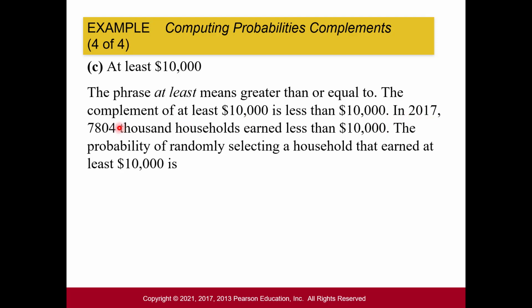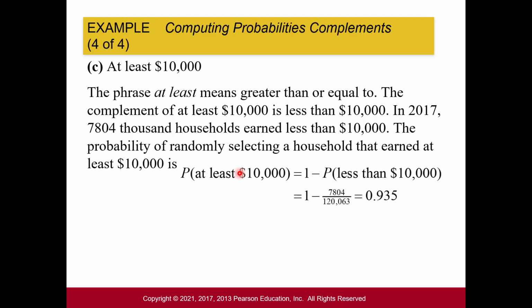So in 2017, 7,804 times 1,000 households earned less than 10,000. Using the complement rule, the probability of randomly selecting a household that earned at least 10,000 is 1 minus the probability of selecting a household that earned less than 10,000.